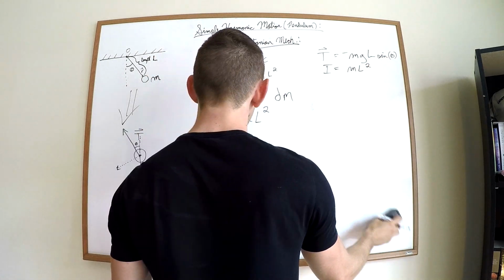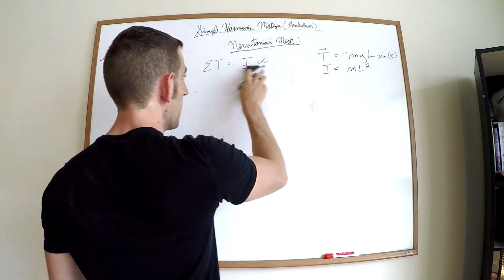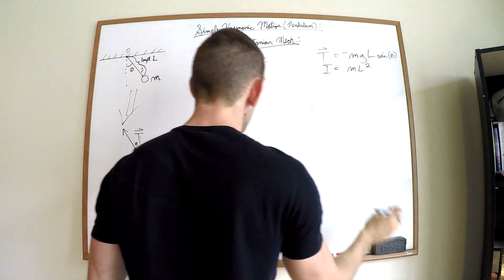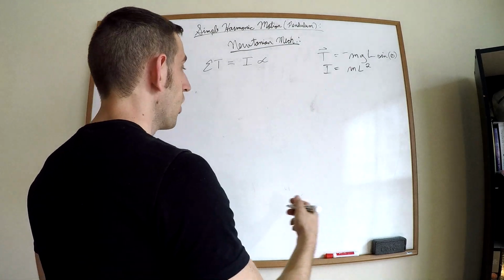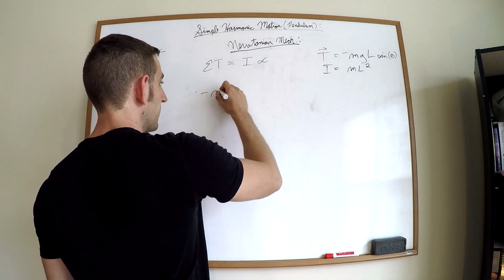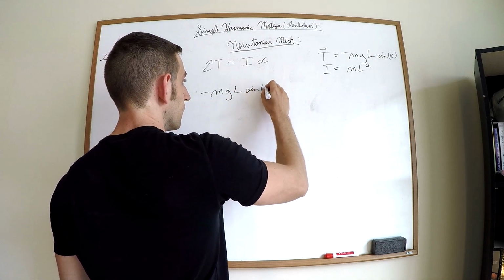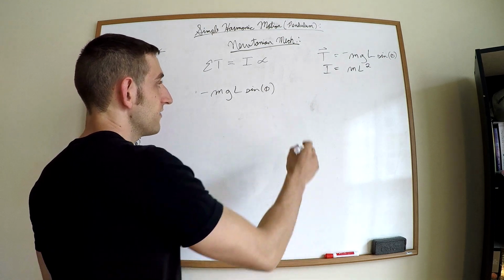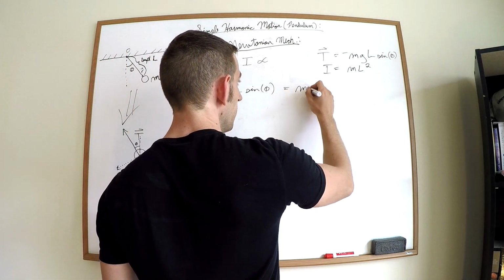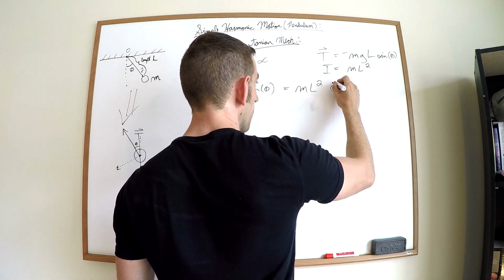I'll write that result here. And what we do is plug everything into our governing equation, and that's how we get our result. So we end up with negative mgL sine theta equal to mL squared theta double dot.